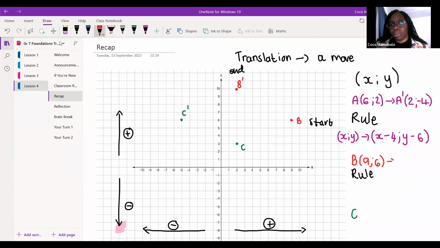And we went from B all the way to B prime. Give me the answer for B prime, please. Ayanda, please remember your brackets and your semicolons. Is it -2 or +2? Check. Okay, it's 2 and 10. All right, good.